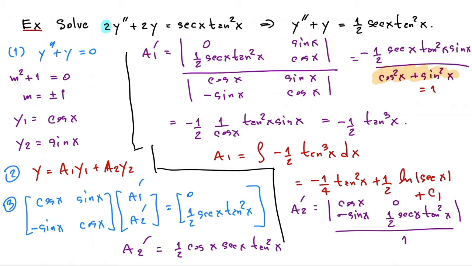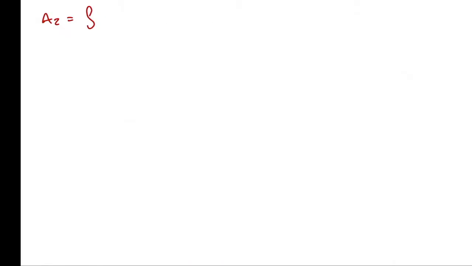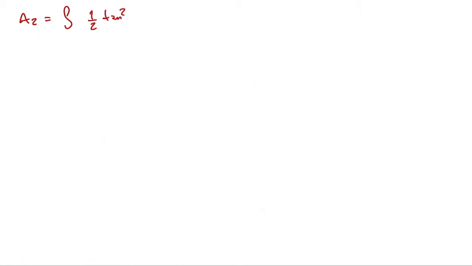But guys, sec is 1 over cos, so this cancels out, and we have 1/2 of tan squared x. So a2 is the integral of 1/2 of tan squared x dx plus c2, and the integral of tan squared is tan x minus x plus c.